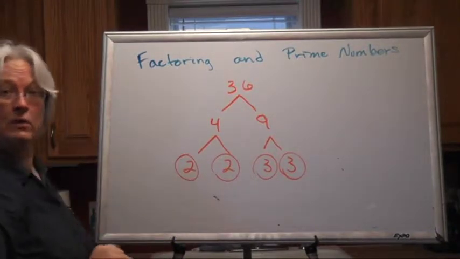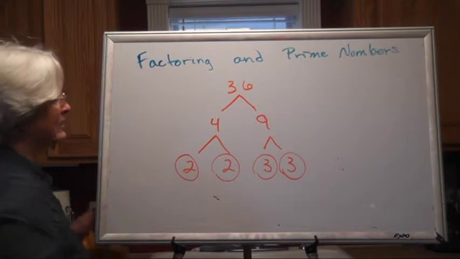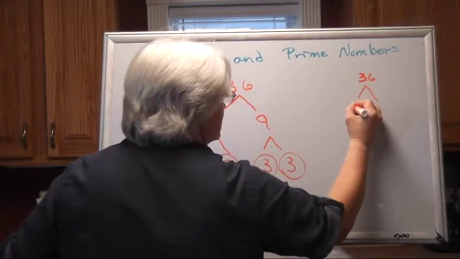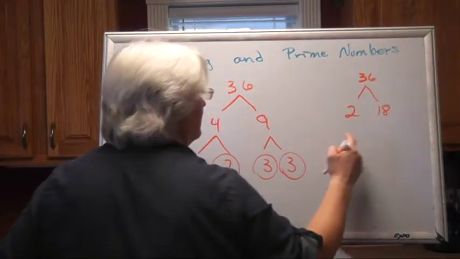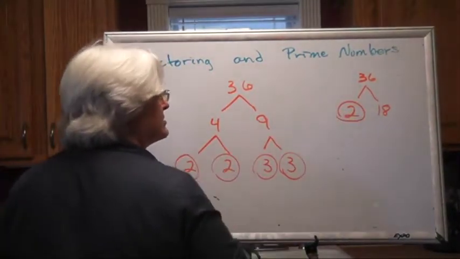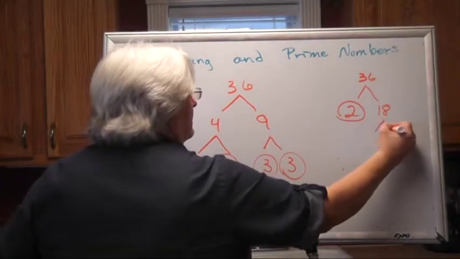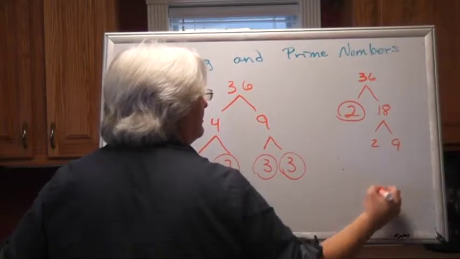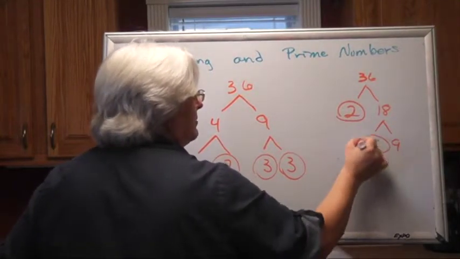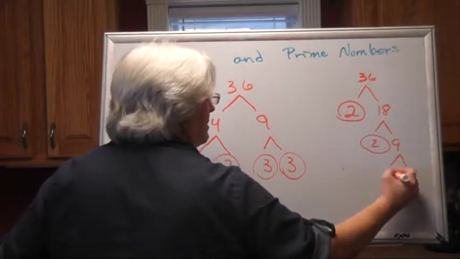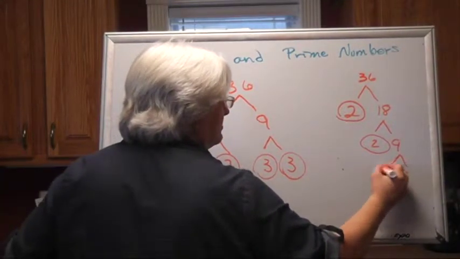Is there another way that we can come up with the prime factorization of 36? Sure, what if I think that 36 is 2 times 18? 2 you can't divide further, it's already prime, so I'm going to circle it. 18 divided by 2, well, I'm going to think 2 times 9. 2 is prime, so I'm going to circle that. 9 is 3 times 3.